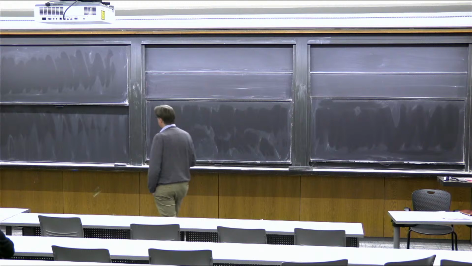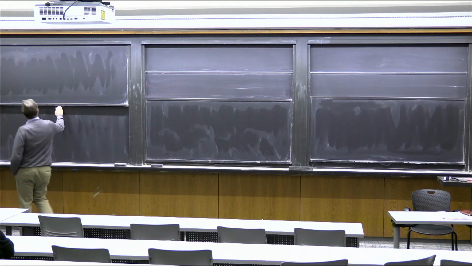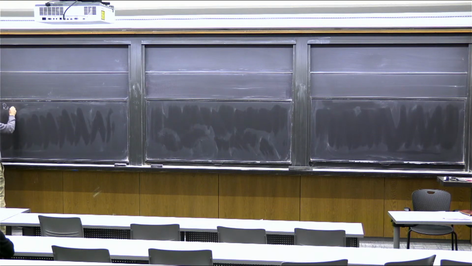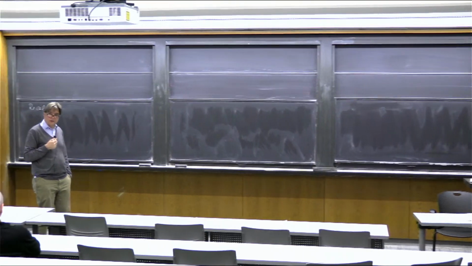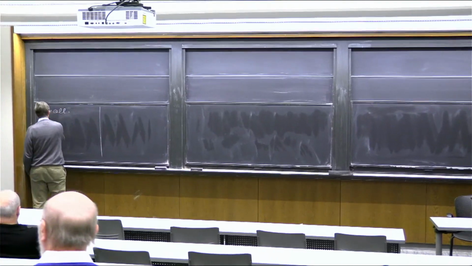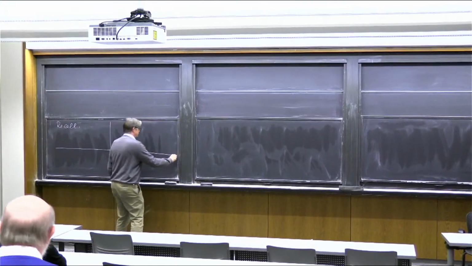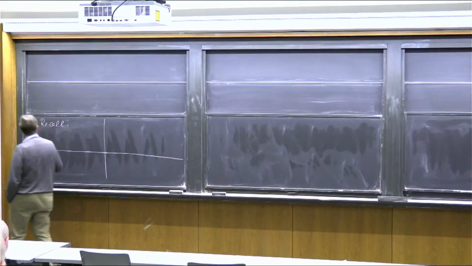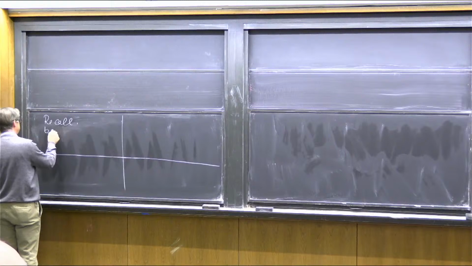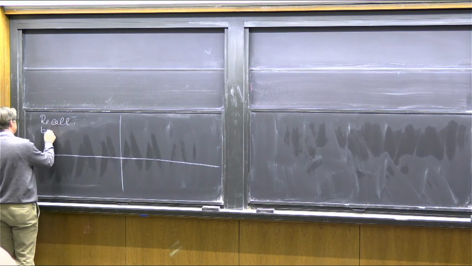So let me, since it's now 2 weeks ago, give a little bit of a reminder. So we were looking at these four objects. On the one hand, we had an ensemble of time-independent and divergence-free drift.